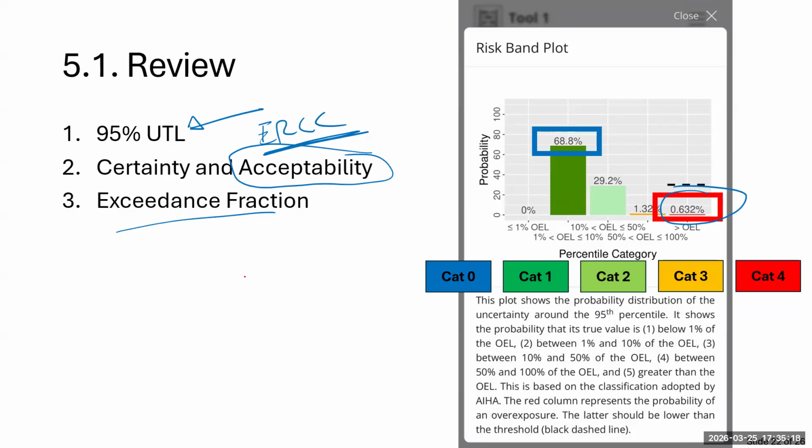I go back and forth on what is most important, but they're probably most important in this order, with these two being very, very close, a close first and second. Again, this is our exposure rating and control category based on the 95% UTL. And then that acceptability based on category 4 is what I think is the next most important.